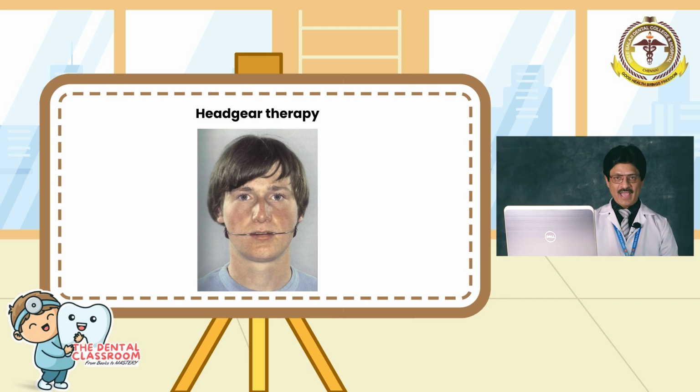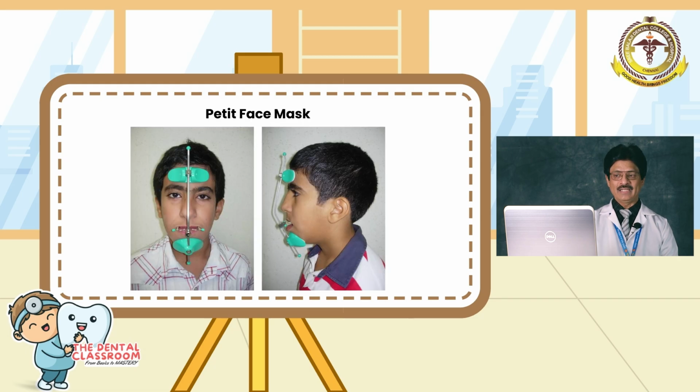We can use the anchorage from the occipital bone, the parietal bone, the neck region, and hence we term this as the occipital headgear, the combination pull headgear, the cervical pull headgear. We can also use the anchorage from the forehead as also from the chin in the use of the petite face mask, which is used for the correction of a retrognathic maxilla and a slightly prognathic mandible.